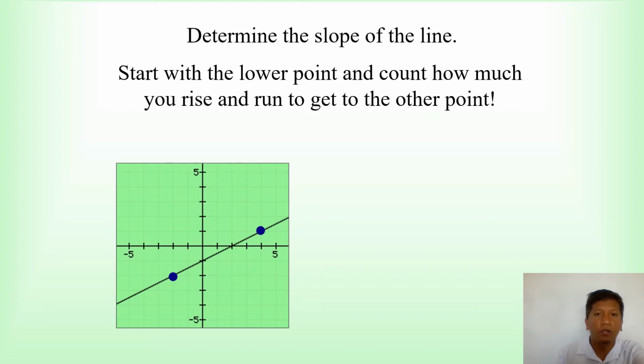We're going to start with the lower point and count how much you rise. How much is the rise? 3. Not the rice you eat, ha? Rise, going up. Why is it 3, sir? How much is the rise? So this is 1, 2, and 3.